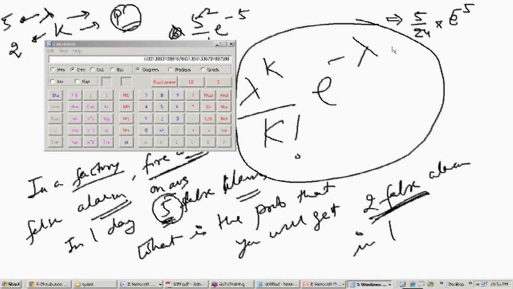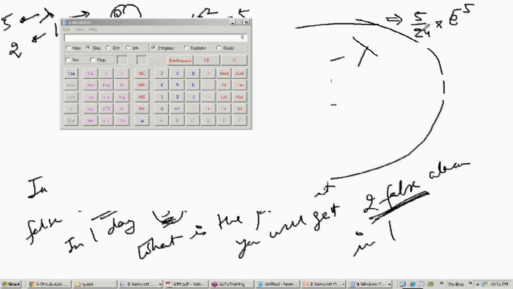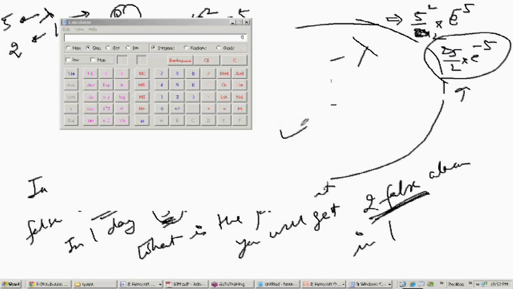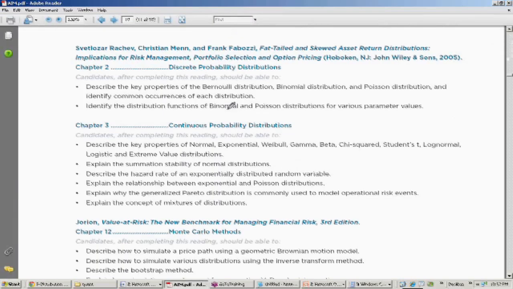Most of the people are getting 0.083. So it should be 5 squared by 2 factorial, so 25 by 2 into e to the power minus 5. This is one problem you can get in an examination, wherein they ask for the computation of the probability.